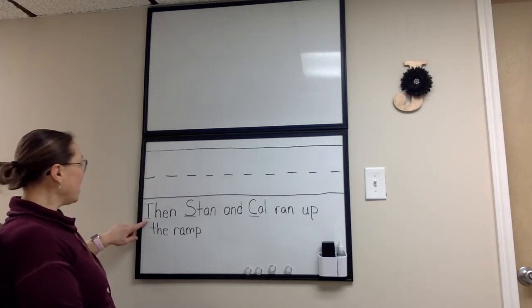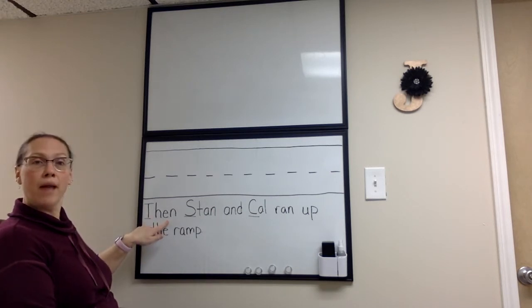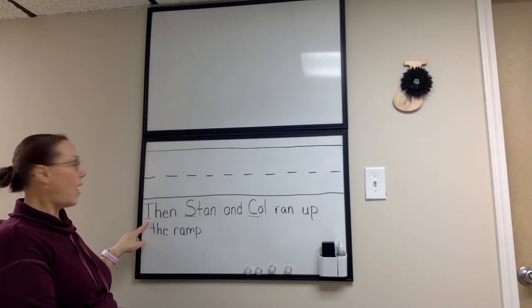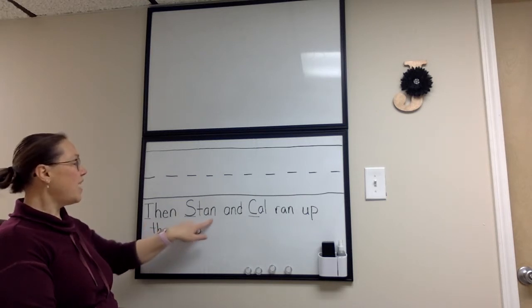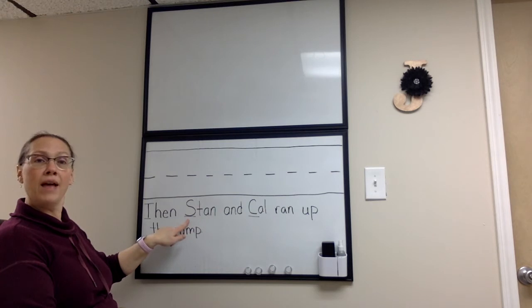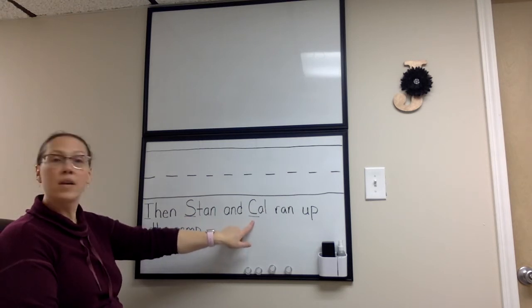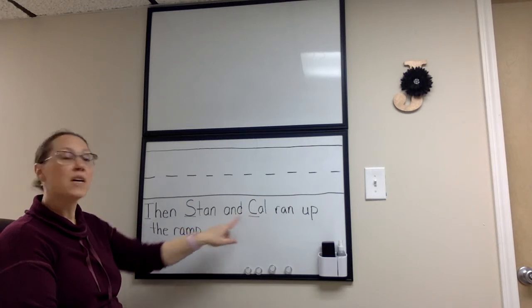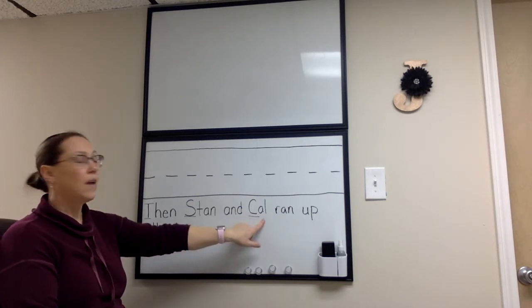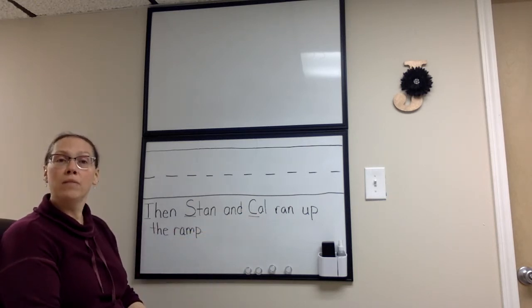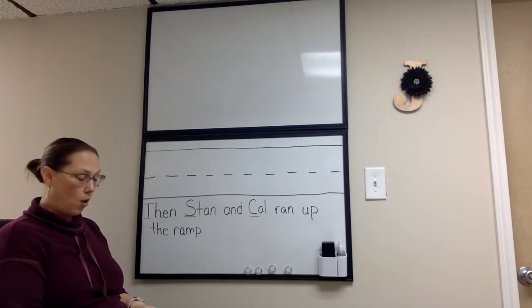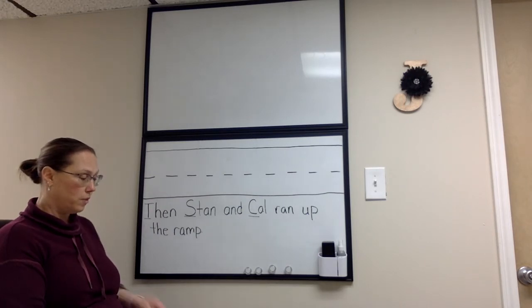So, T in then is capitalized because this T begins a sentence, and all sentences begin with a capital letter. Stan begins with a capital S, and Cal begins with a capital C. Stan and Cal are names of people, and we always write the names of people with capital letters.